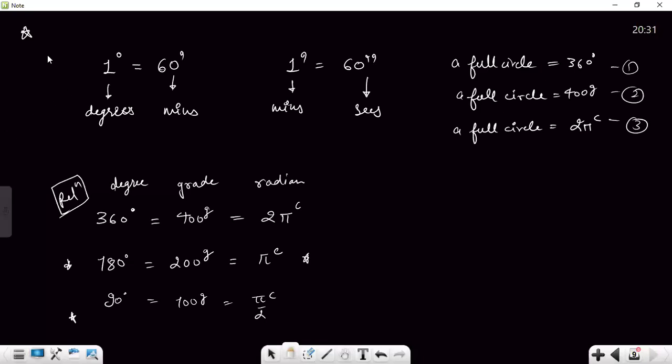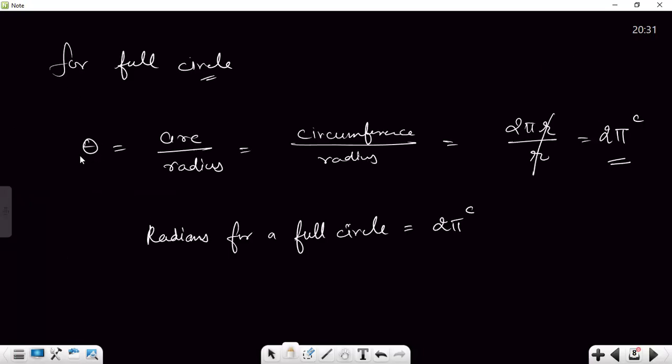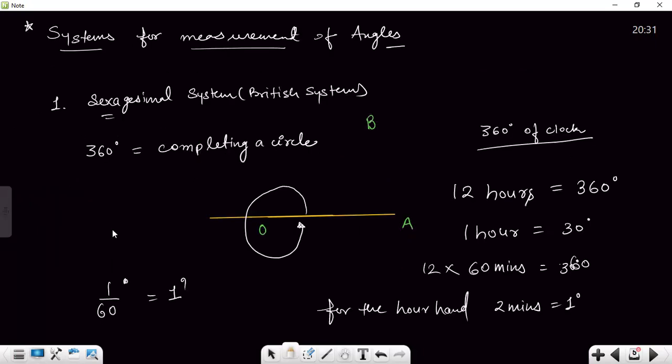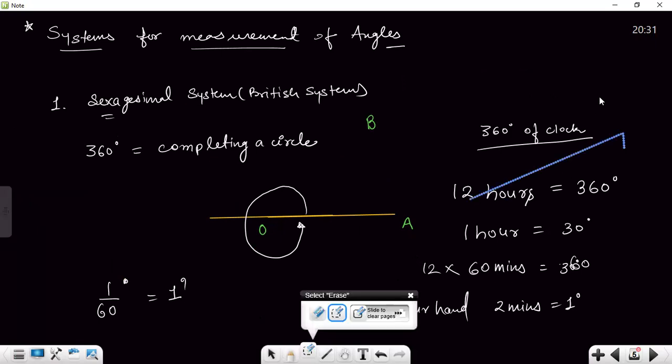So it's just about the sexagesimal system. It is a British system. So here we should not relate it with the clock. Are there any questions? No, sir.